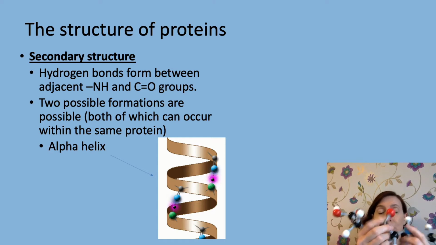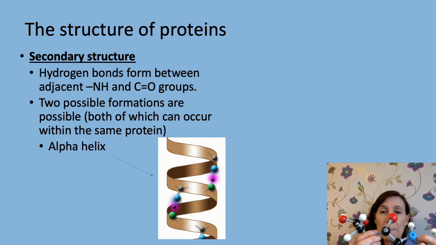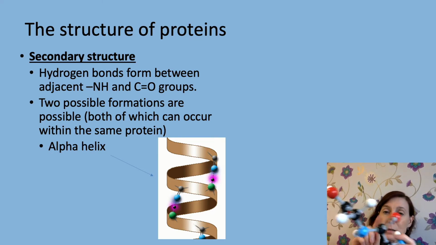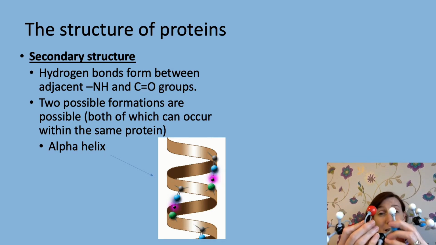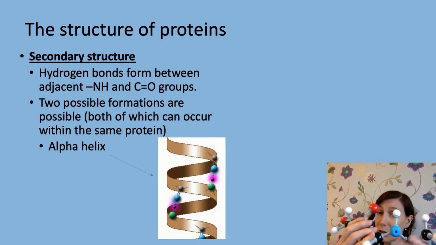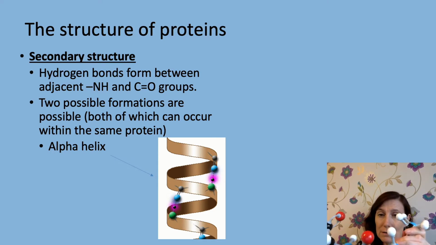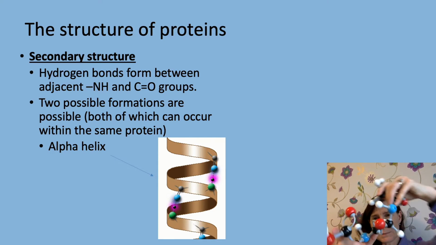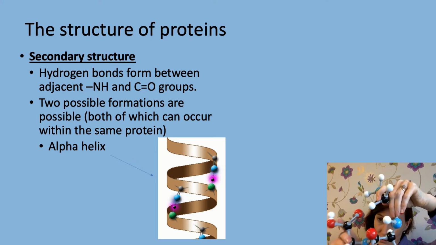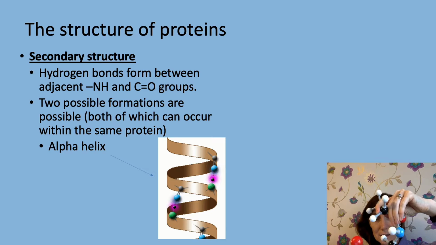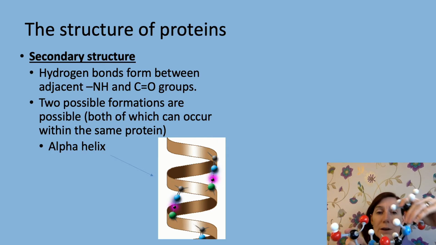So I've got 3 amino acids in this chain, and these groups, the carboxyl group here and the amine group here, can interact with each other, so this chain can twist around itself. We can get this kind of twisting. Hopefully you can see that in the camera. When it twists around itself, we get what we call an alpha helix.